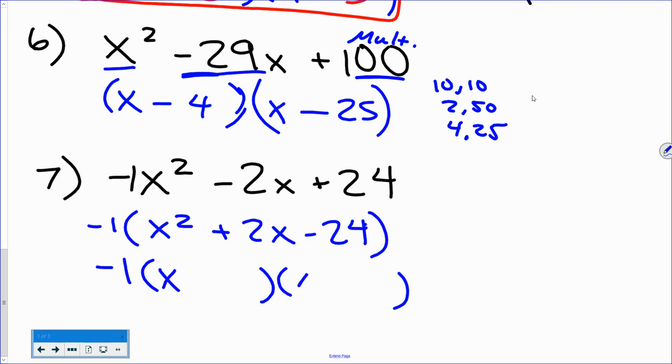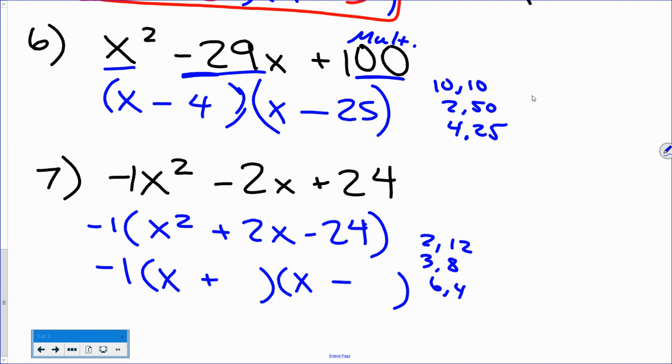So then I have x times x. This time I'll be multiplying to a negative 24, but adding to a positive 2. So if I'm multiplying to a negative number, that means one of my numbers needs to be positive and one of my numbers would need to be negative. All right, so things that multiply to 24: 2 and 12, 3 and 8, 6 and 4, 1 and 24.